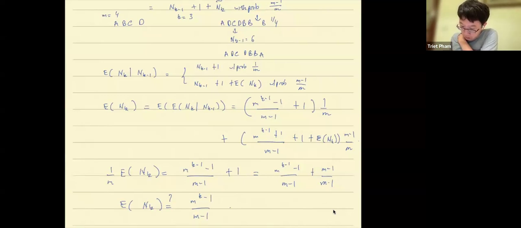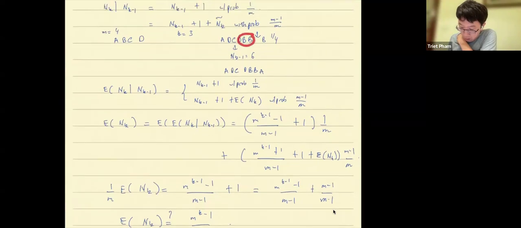So basically, from the number of steps it takes to get k minus 1 consecutive types, it's true that it'll take one more step to get k consecutive types. However, if you fail, then what happens then? What's the number of steps it takes to get to k consecutive types again?